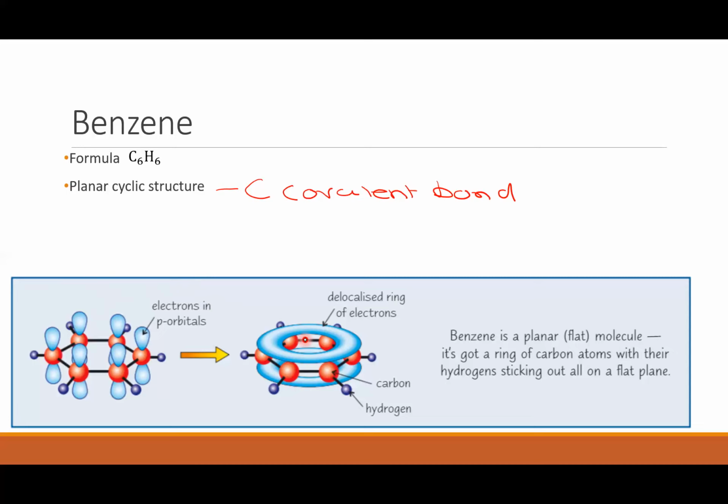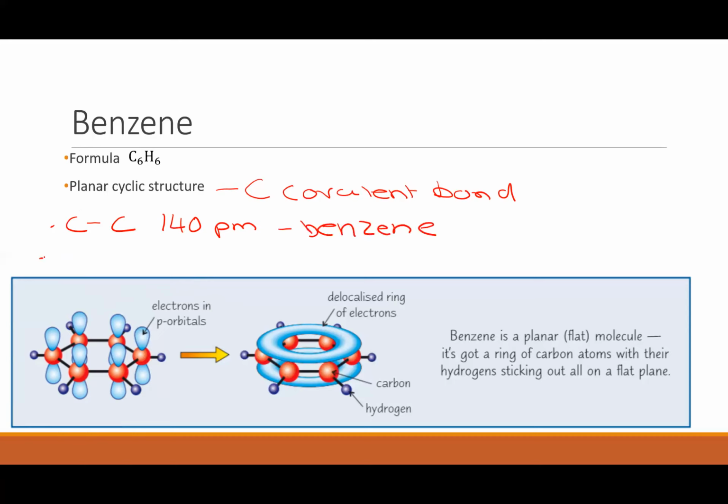All of the carbon-carbon bonds in the ring are the same, and they are the same length. The length of these carbon-carbon bonds are 140 picometers. And this lies in between the length of a single carbon-carbon bond, so these are the bonds in the benzene.